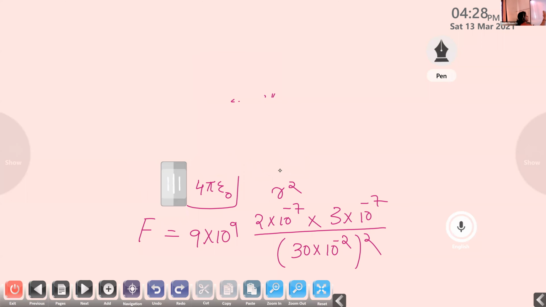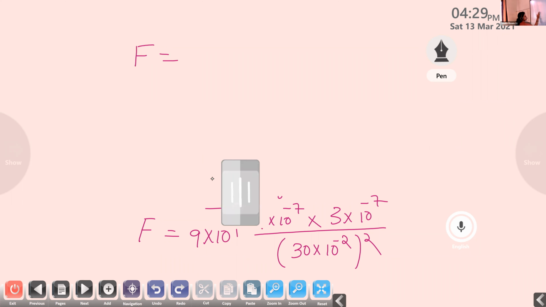Then what happens to the value of force acting between these two charges? F is equal to 9 into 10 raised to 9 into 2 into 10 raised to minus 7 into 3 into 10 raised to minus 7 divided by 30 into 10 raised to minus 2 the whole square.